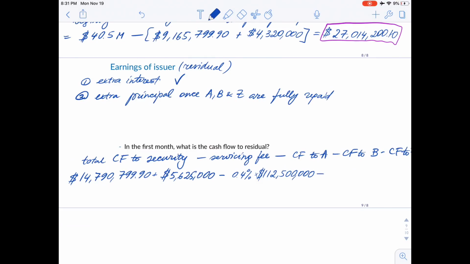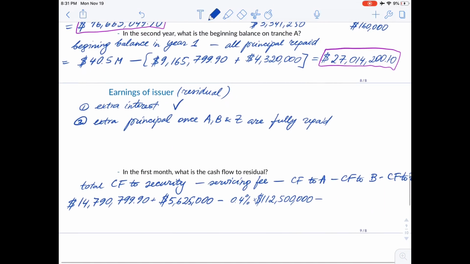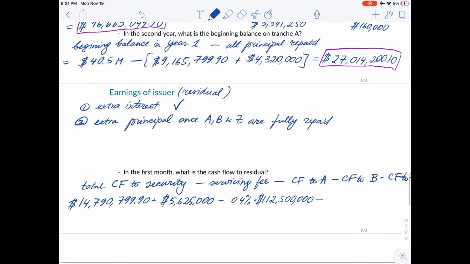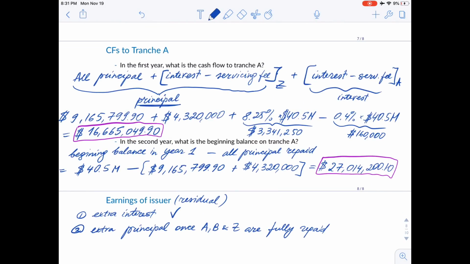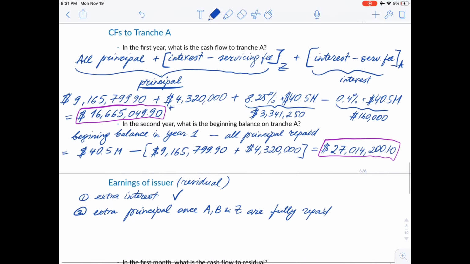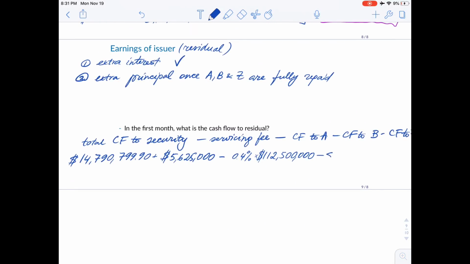And then we need to pay out the money to tranche A, B, and Z. So Z receives 0, we know. A receives 16,665,049.90.